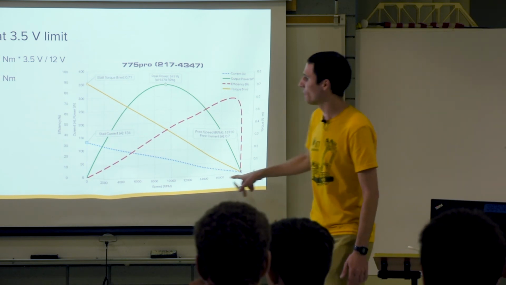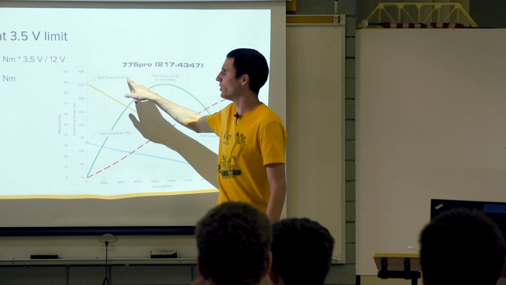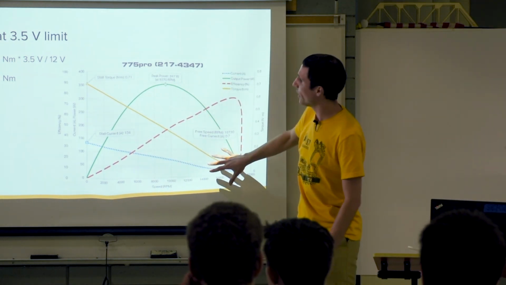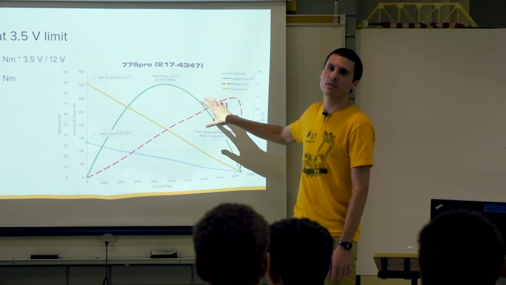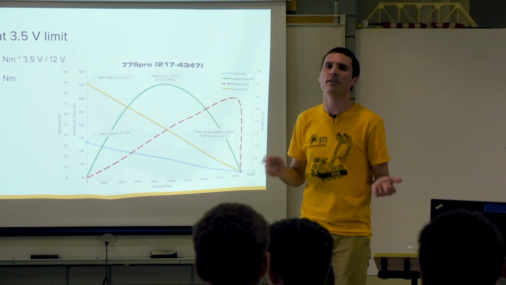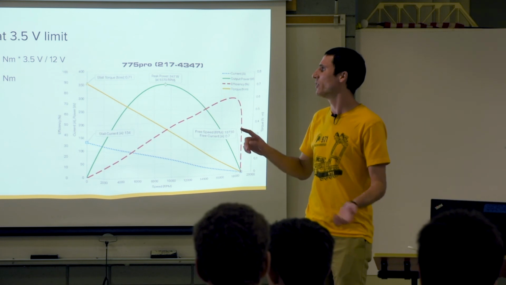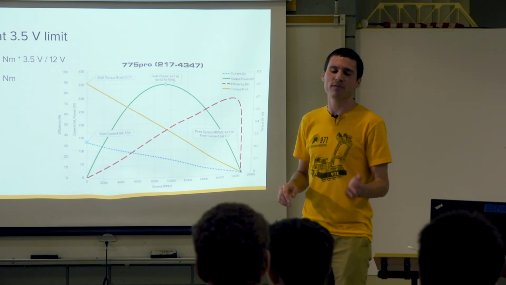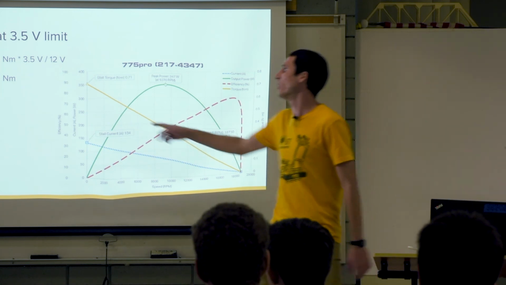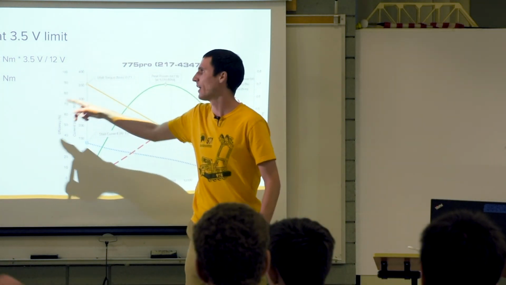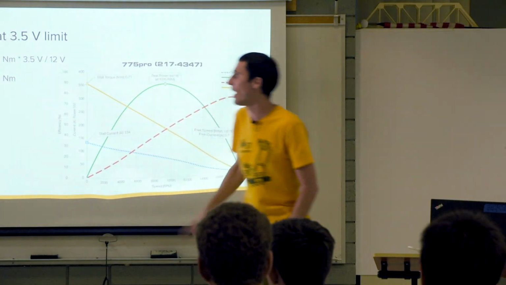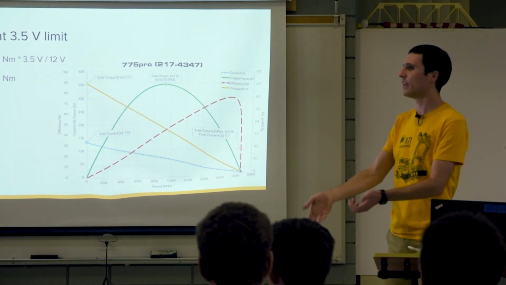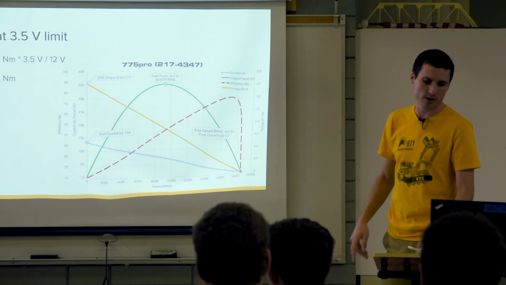You'll notice the maximum torque the motor can provide is 0.71 newton meters. But this chart is all at 12 volts, and we already said we're not going to run at a full 12 volts. So you have to get the stall torque at 3.5 volts: we just take the ratio between 3.5 and 12, and that gets us 0.21 newton meters. That's the torque that we're going to design to. We're trying to pick a gearbox that's going to let us lift up our arm with 0.21 newton meters.